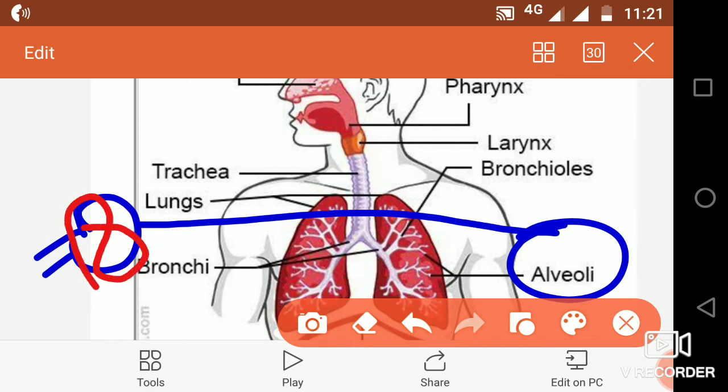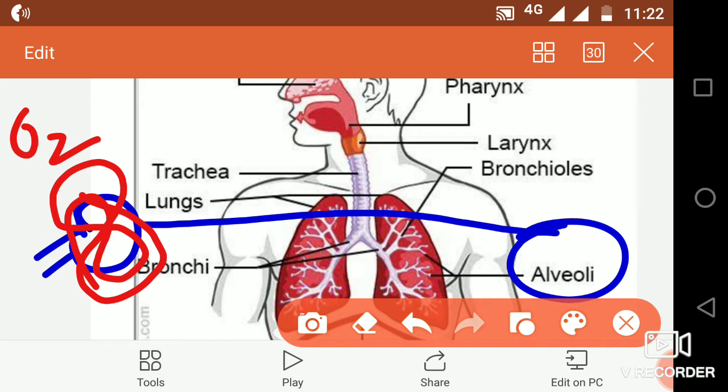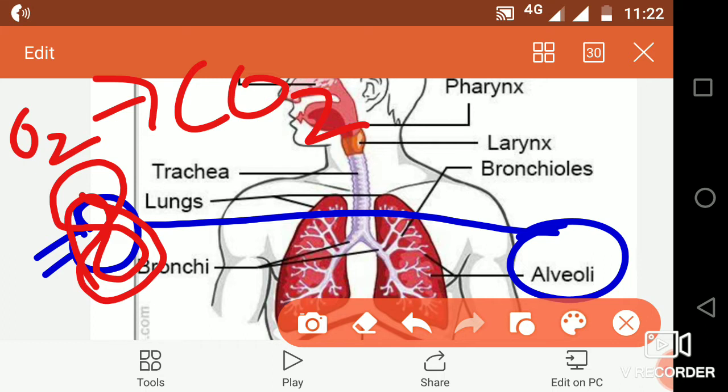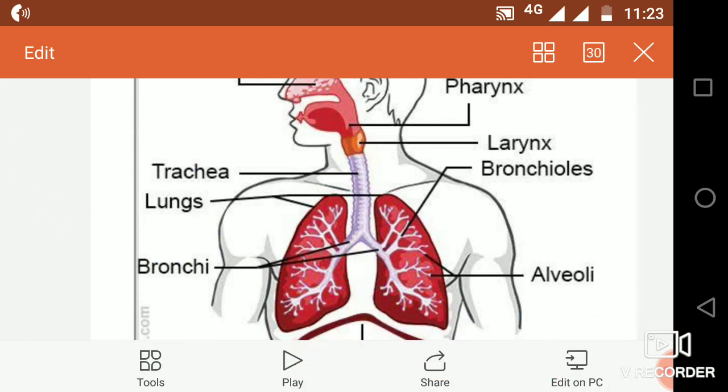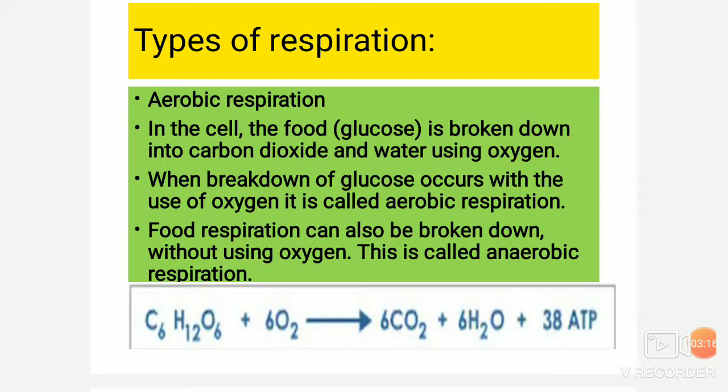I am showing the blood capillaries wrapped over the alveoli, and this is the site for the exchange of oxygen and carbon dioxide in the lungs. This is the reason the alveoli is also termed as the unit of lungs. So this was about the parts of the respiratory system.